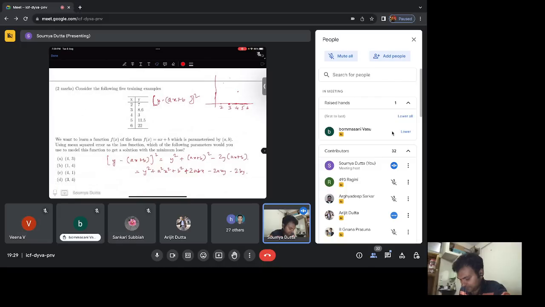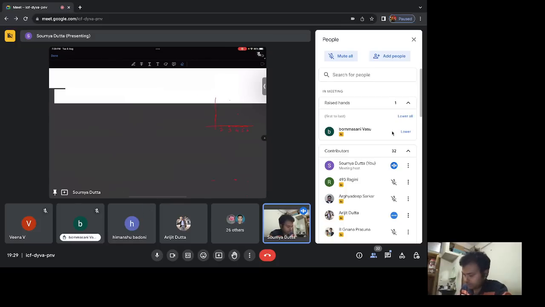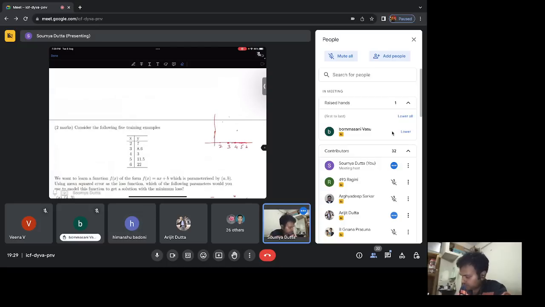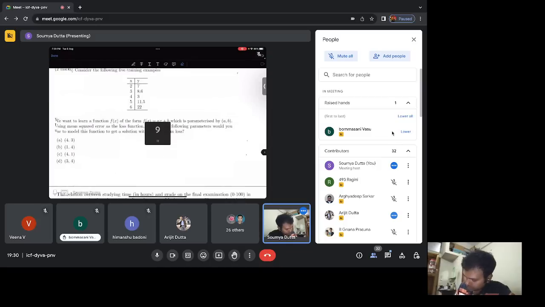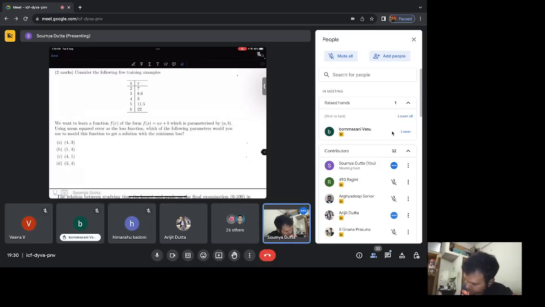Let me see. There might be a simpler way. I don't even know whether the answers will be this good if you solve this properly. So 2 maps to 7, 3 maps to 8.6, 4 maps to 3, and 5 maps to 11.5.